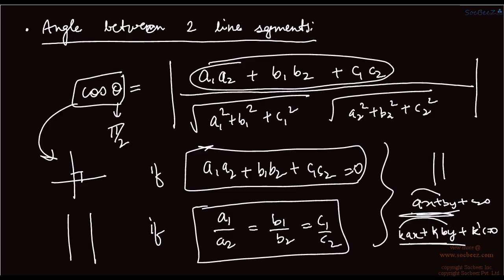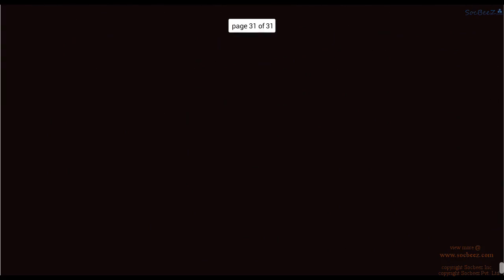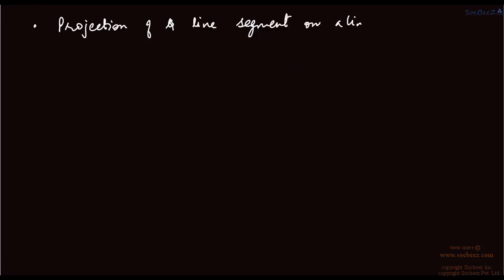Now we will move on to the projection of a line segment on a line. Let's say we have 2 points, P (x1, y1, z1) and Q (x2, y2, z2).